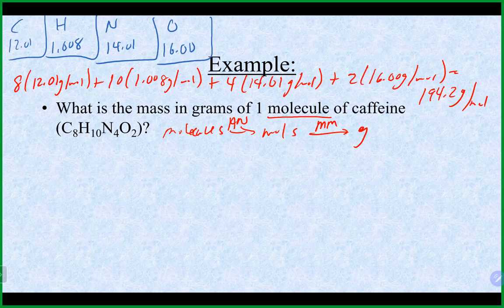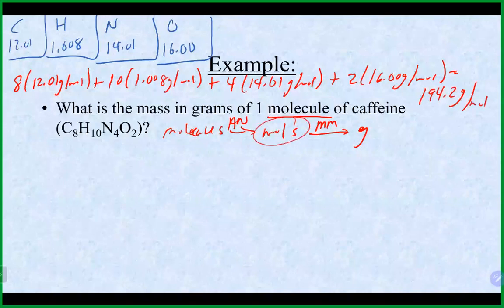In this case, we are going to start with Avogadro's number because that is going to take us to moles. So starting with 1 molecule. Here we are using the units of molecules because that is what caffeine is in this case.